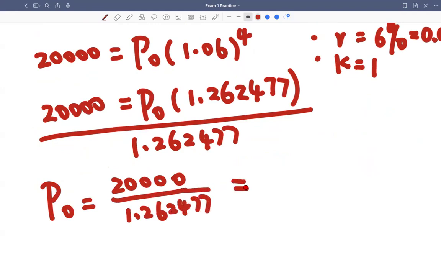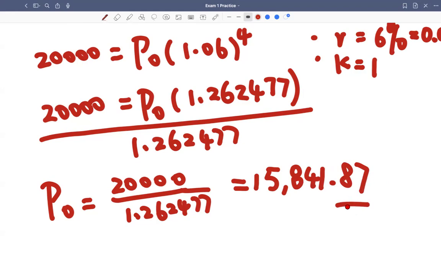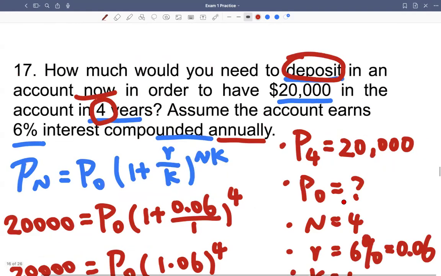So let's do that. 20,000, that's 2 followed by 4 zeros, divided by 1.262477. So I get 15,841.87 cents. After the 7 is a 2, so I ignore it, because we're talking about money, so we only keep 2 decimal places, right? So that is for 17.